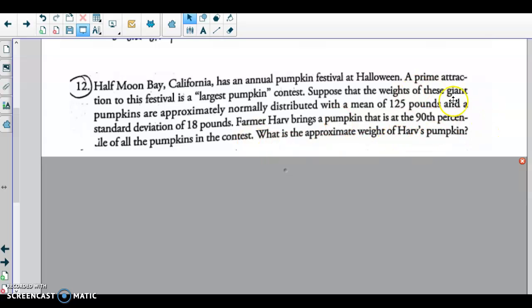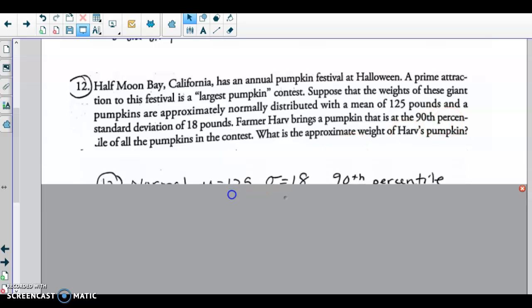Well, I see the word percentile. Remember from first semester, a 90th percentile value means that 90% of pumpkins weigh less than this.